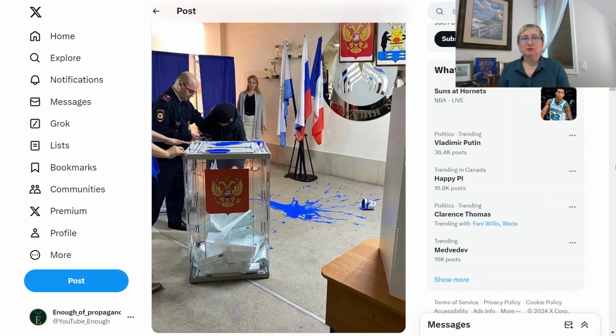And this is how some Russians are trying to sabotage that comedy Putin calls an election. They try to put ink into the bins and stuff like that, which is useless. It doesn't matter what people do. It doesn't matter that right now Russian citizens from the Freedom of Russia Legion and so on came from Ukrainian territory and have been fighting for over 3 days now in Belgorod region and in Kursk region.